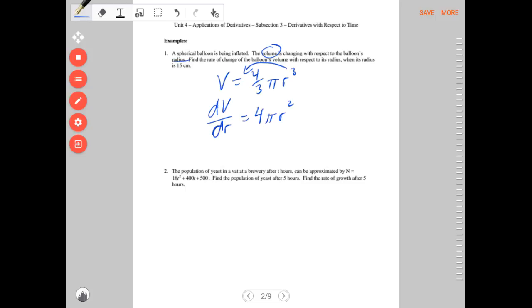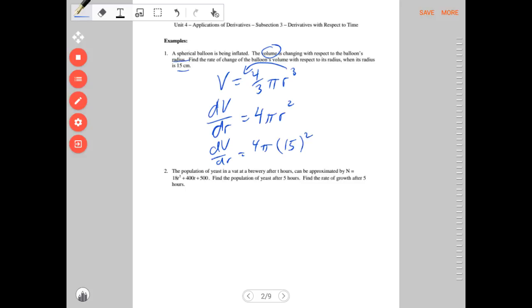Now when its radius is 15 centimeters, we have taken the derivative with the r there, and now see how the derivative has an r in it, so now we substitute that number. So dV dr is 4 pi and then 15 squared.